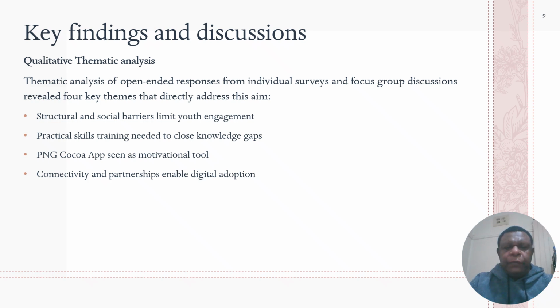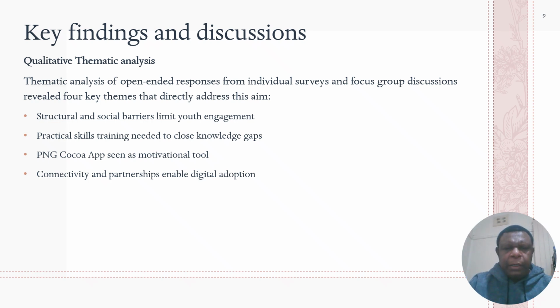For qualitative thematic analysis, when the analysis was done, four key themes were derived to address the first aim. What was found was that structural and social barriers limit youth engagement.